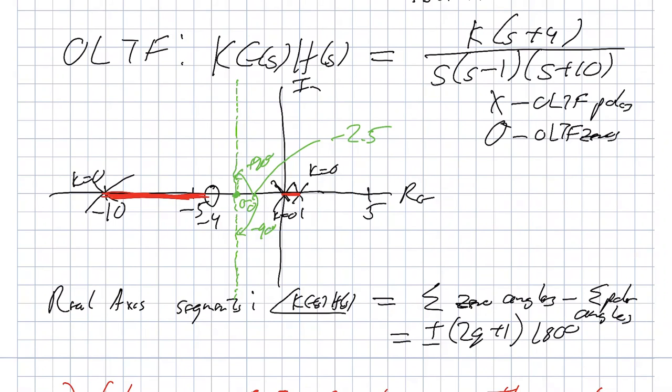So this pole starts here and goes to this zero. These two poles, everything has to be reflected about the real axis. So we know that somewhere in between here, these are going to break off and they're going to go this direction. And this is going to do the opposite over here.